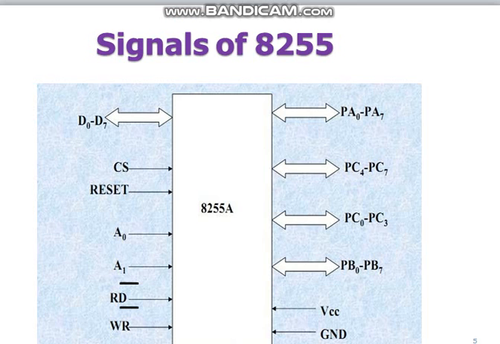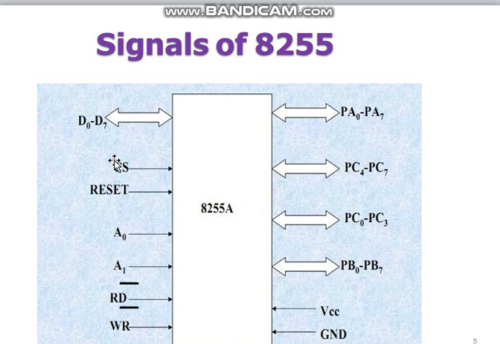When you take the signals of your 8255, you can see them here. As said earlier, you have 3 ports. PA0 to PA7 is port A, PB0 to PB7 is port B, and port C is classified into 2. PC0 to PC3 is your lower port C, and PC4 to PC7 is your upper port C. You will have 8 data lines, D0 to D7, through which the data is communicated between your microprocessor and the input-output device.